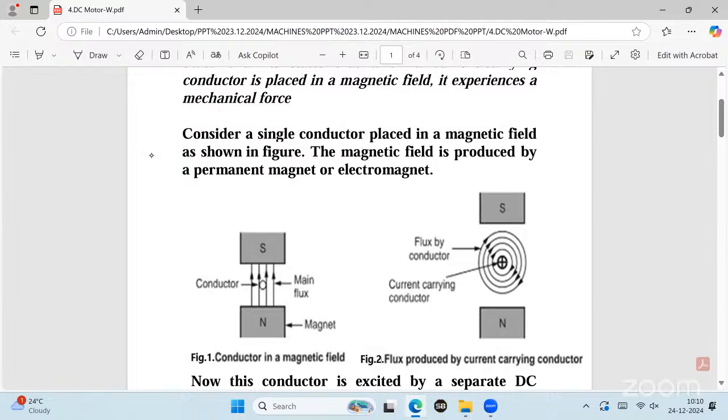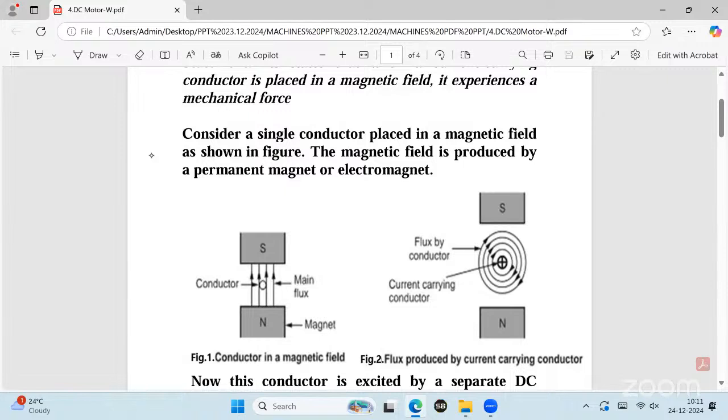Copper wire from one slot to another slot. That is called armature conductor, armature winding, or copper wire. These are the names given to the armature. Instead, the small one is called a conductor, made up of copper.